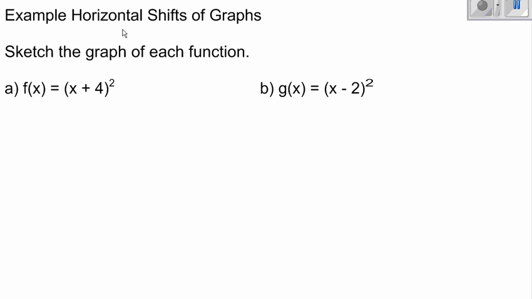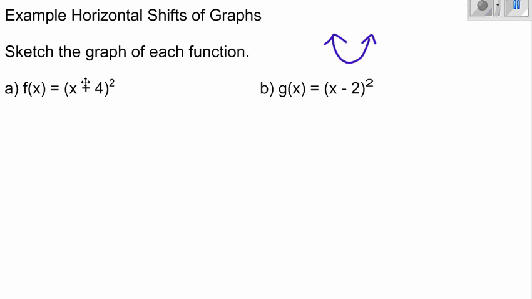For some horizontal shifts, we can see the basic function here is x squared, which, again, that's a parabola. We know that looks something like that. So x plus 4 squared, that's going to shift 4 units.